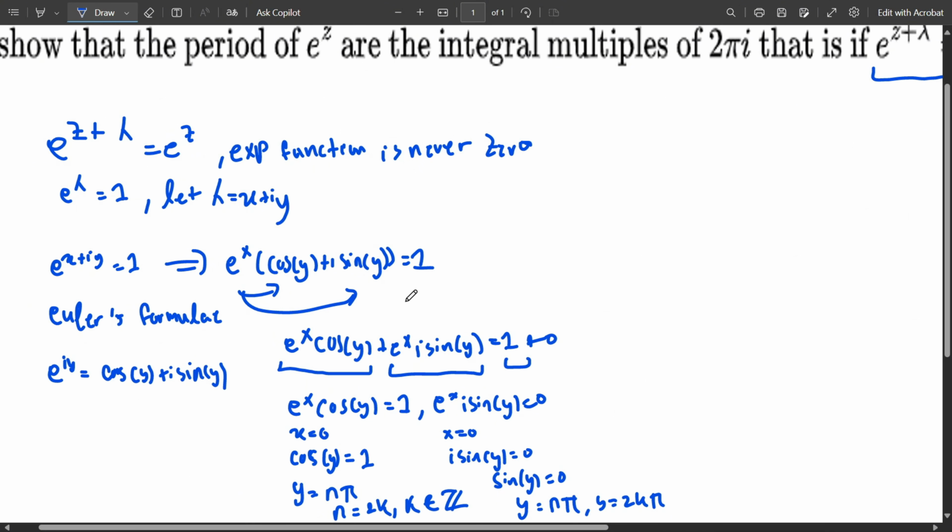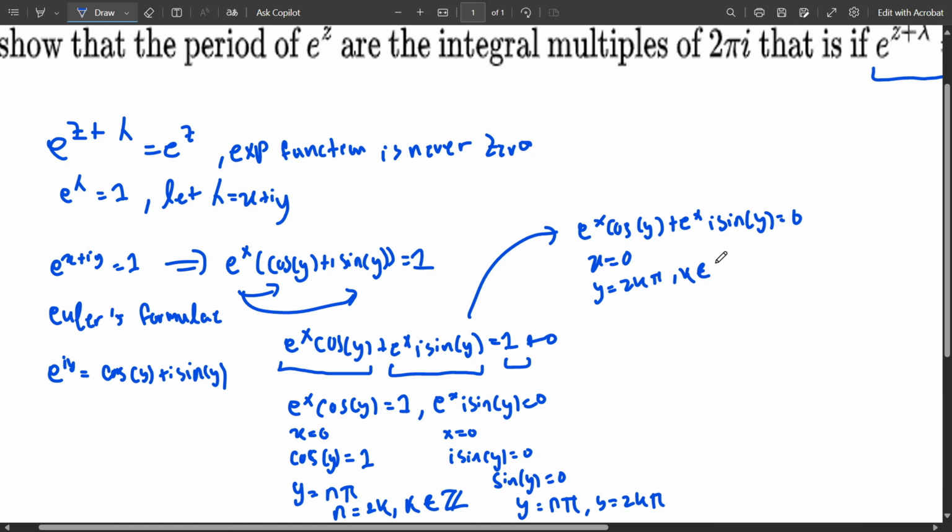Well, if we look at this equation again, e to the x times cosine y plus e to the x i sine y, we know that x equals 0 and y equals 2k pi, where k is an integer.